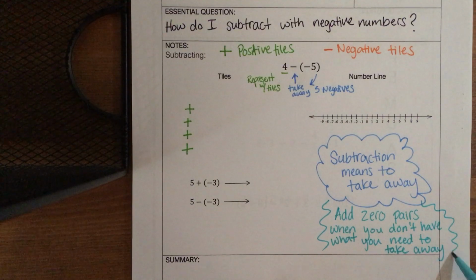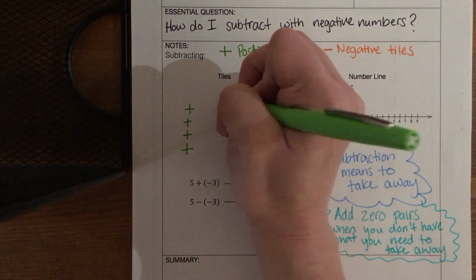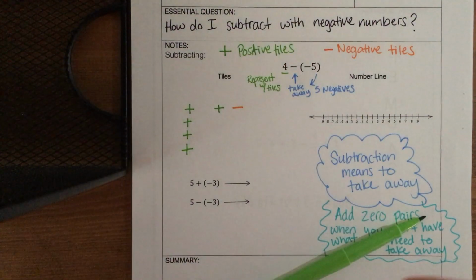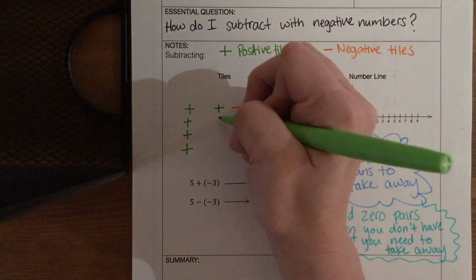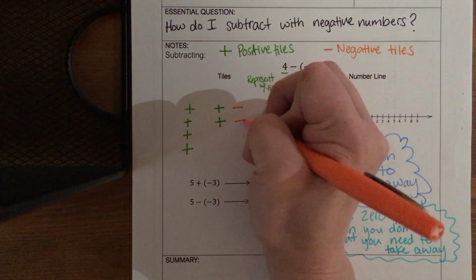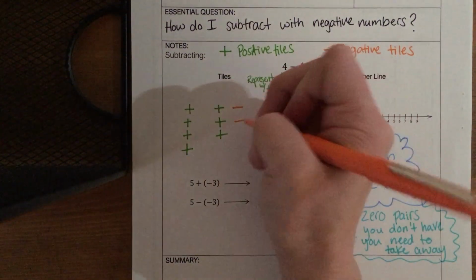Also super important here. So that means I've got to add pairs of zeros. That's a 0 pair. And it looks like I'm going to have to add 5 of them so that I have 5 negatives to get rid of.